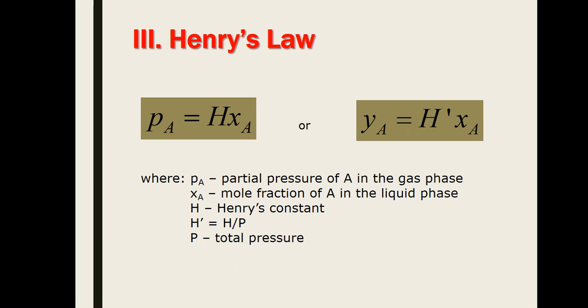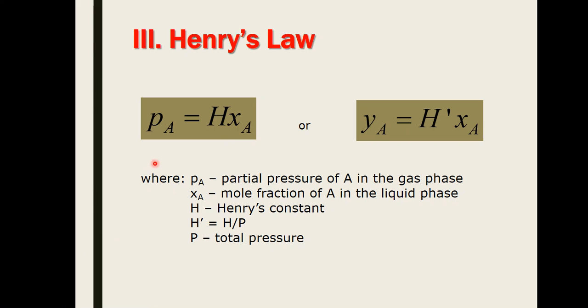What is likable about Henry's law is it does not have any limitation. Whether the system is ideal or not, you can determine the partial pressure of component A in the gas phase by multiplying Henry's constant H to the mole fraction of A in the liquid phase.